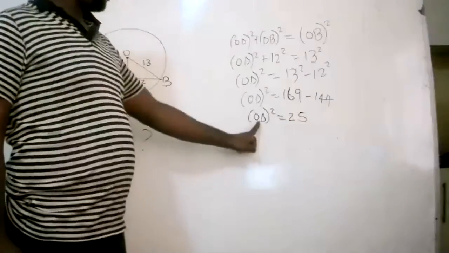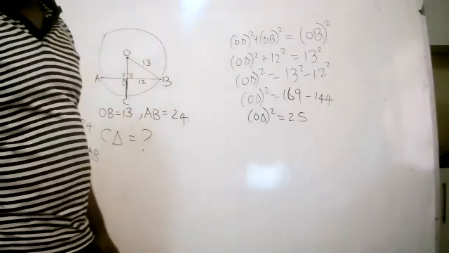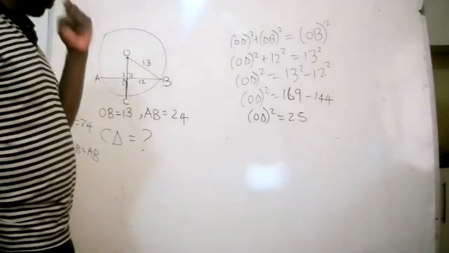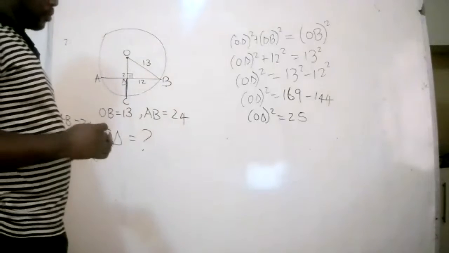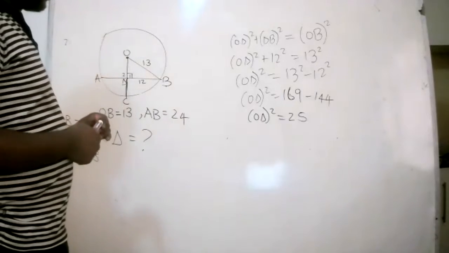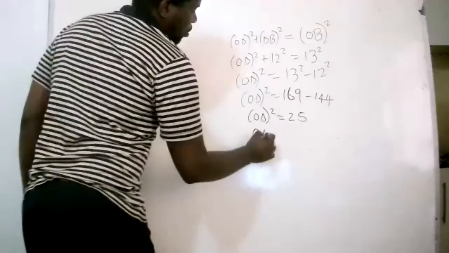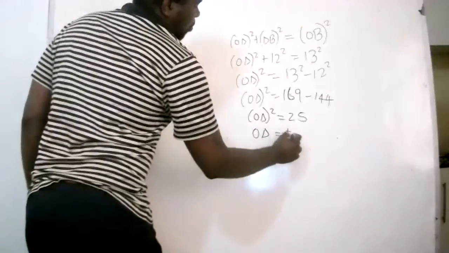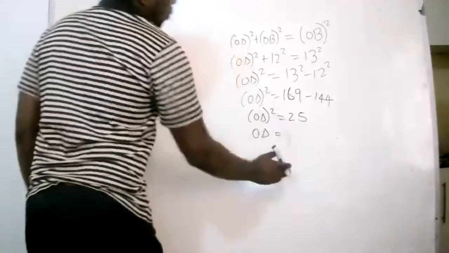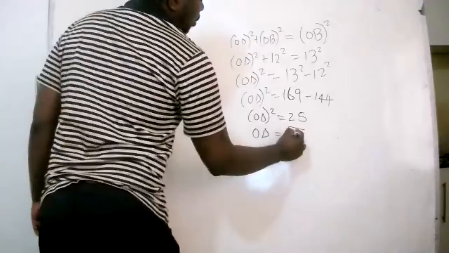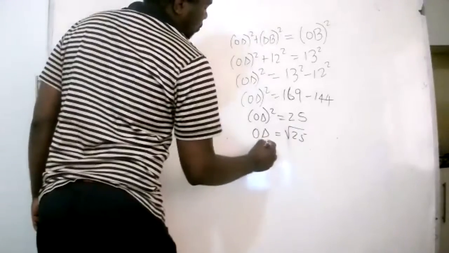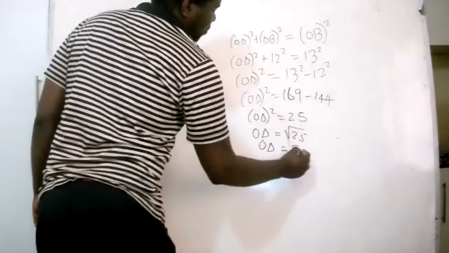So in order to make OD the subject of the formula, what do we do? We put a square root on both sides, right? Yes. So that we have positive and negative, but in this case we are focusing on the positive answer only. So it's going to be the root of 25, which is 5.